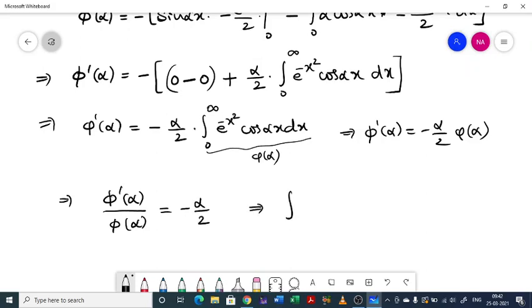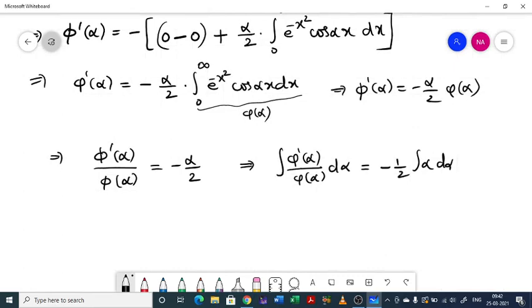Integrating, it will be integral phi dash of alpha divided by phi of alpha d alpha, obviously I have to integrate with respect to alpha, equal to minus integral alpha by 2, that is minus 1 by 2 integral alpha d alpha. So left hand side, see this is a standard integral. If the numerator is the derivative of the denominator, then the integral of that will be log of the denominator. So log phi of alpha equal to minus alpha square by 2, into 1 by 2, that is alpha square by 4, plus c.